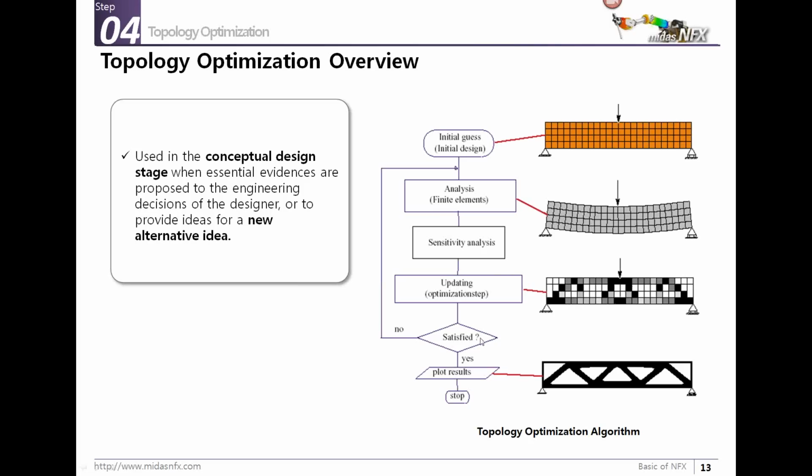Then there is a check of the error, and whether the criteria you defined are satisfied or not. If not, this is done again and again until you get a better shape. If it's finally satisfied, then it plots the results. So this is the topology optimized shape. We'll do a similar example right after.